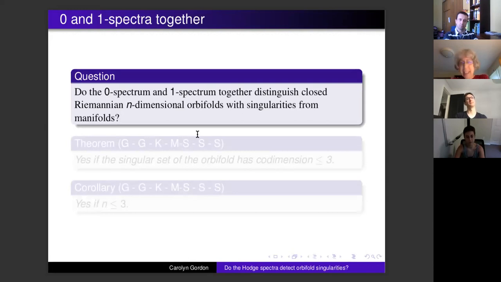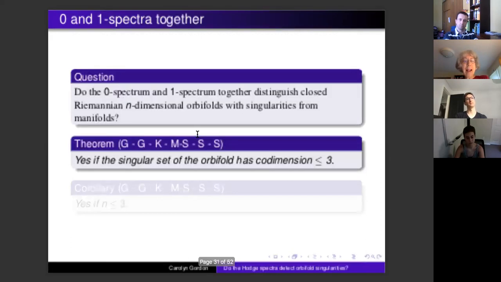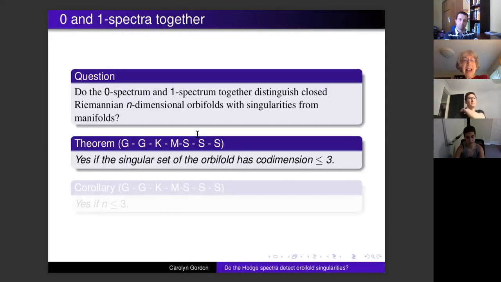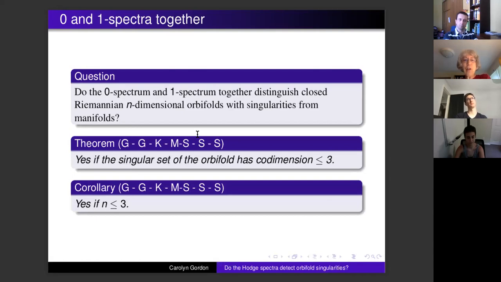Are they enough to distinguish orbifolds with singularities from manifolds? We were able to answer it if the singular set is big enough. If the singular set of the orbifold has codimension at most 3, it's distinguishable from a manifold. In particular, orbifolds and manifolds in dimension less than or equal to 3 are always spectrally distinguishable by their 0 and 1 spectra together.